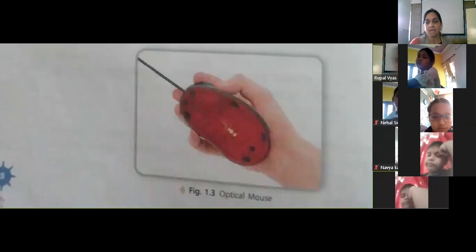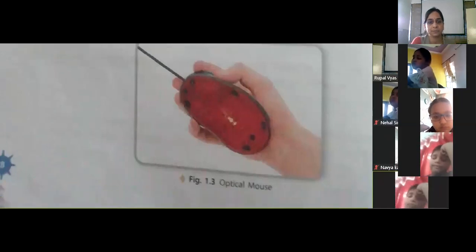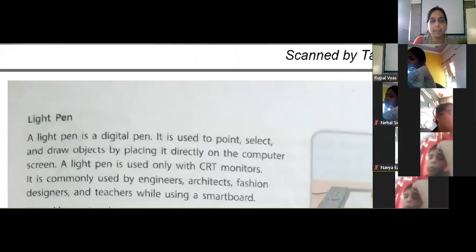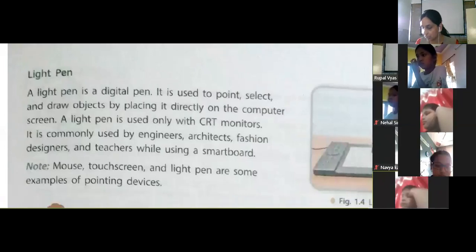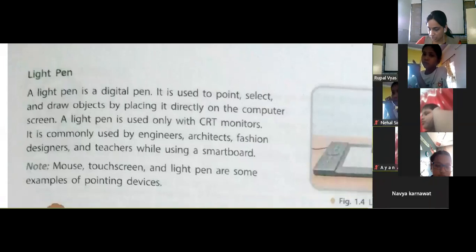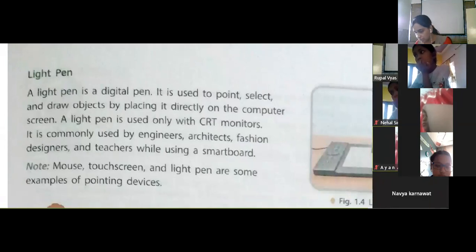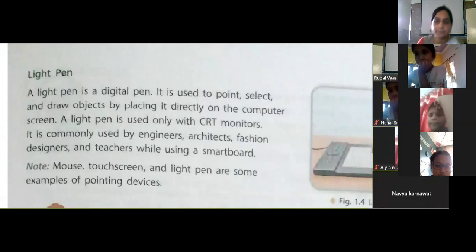After this, the third device is the light pen. Light pen, basically, you people have seen in the classes also, when your teacher is using the TeacherX board. In that we have used a touch pen, like this.